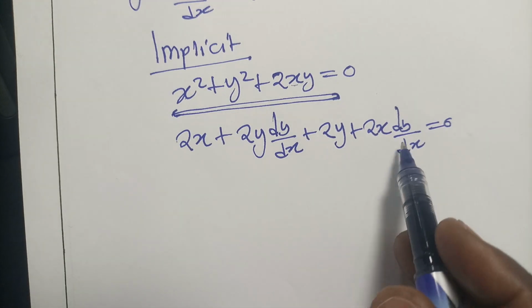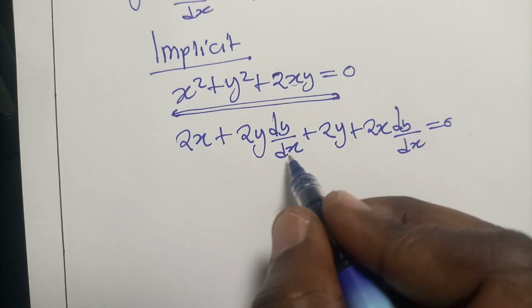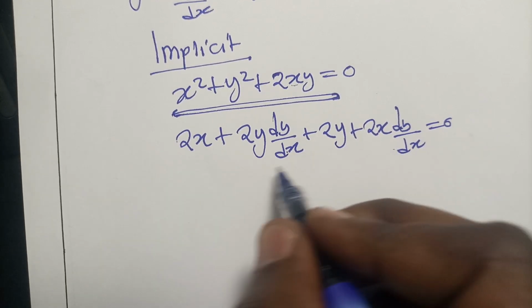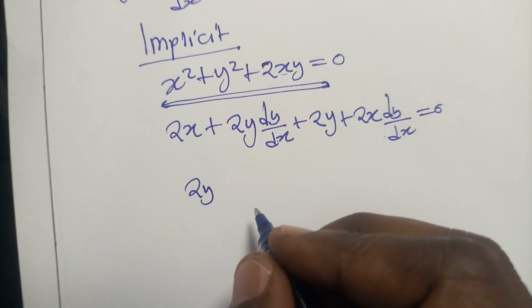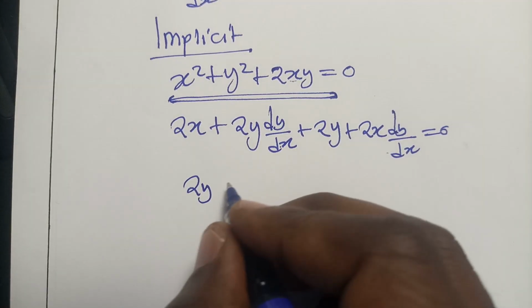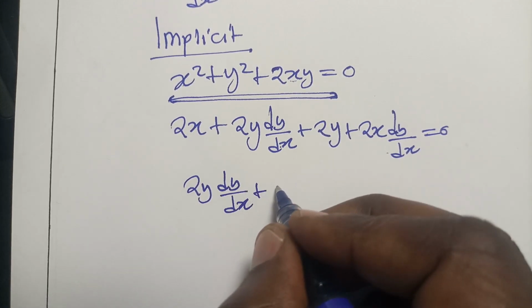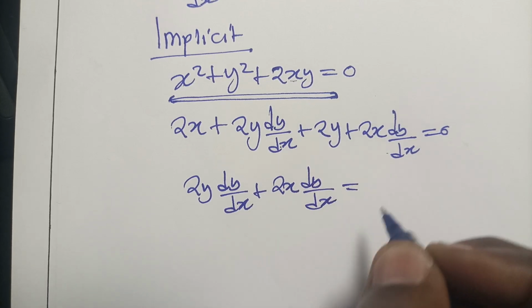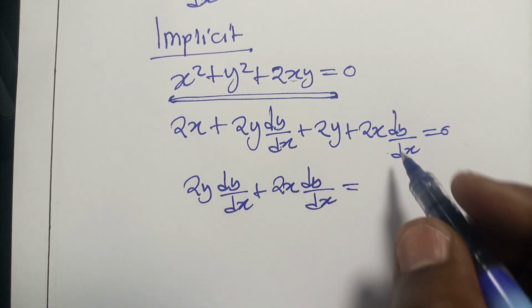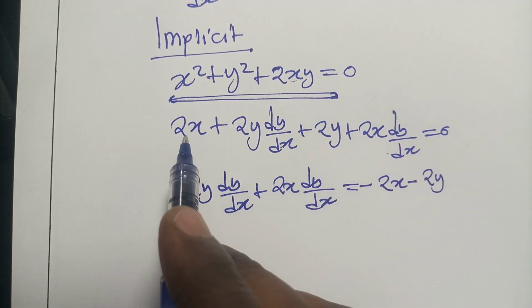And then you make dy/dx the subject of the formula. Collecting the like terms of dy/dx, we're going to have 2y dy/dx plus 2x dy/dx. This is equal to negative 2x minus 2y.